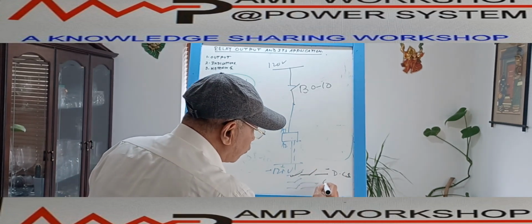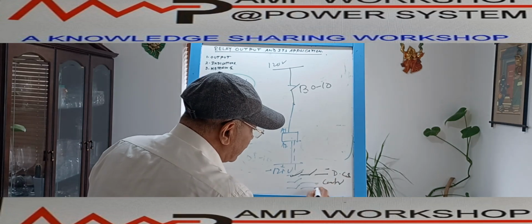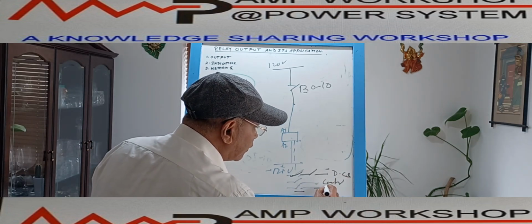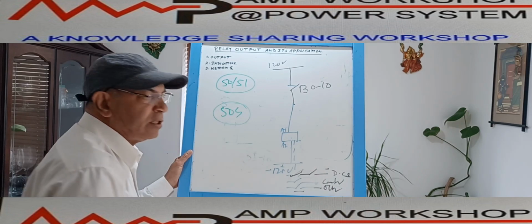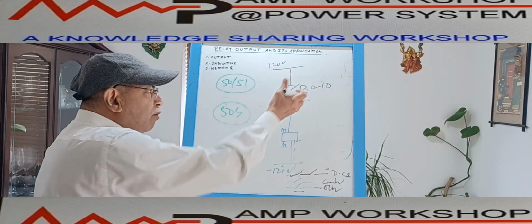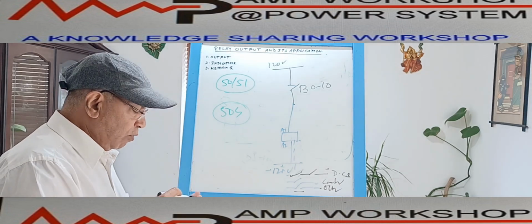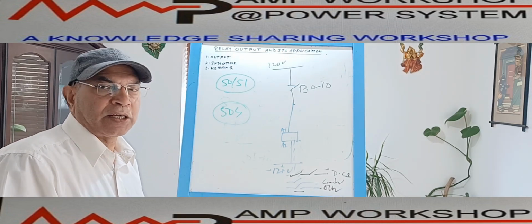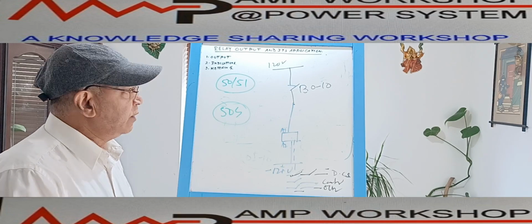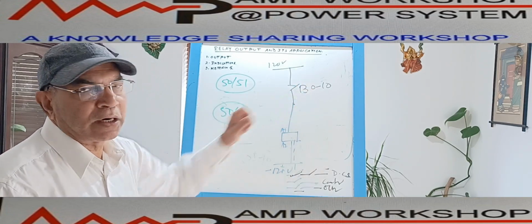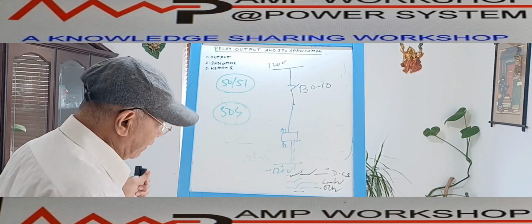Suppose this one I am taking to the control panel for indication. Suppose this 50G contact I am taking to another switchgear for tripping. So I can use it this way. This way, the binary output of the main protection relay we can use for multiplication using an auxiliary relay. This way, the relay output contact can also be used in the auxiliary circuit.